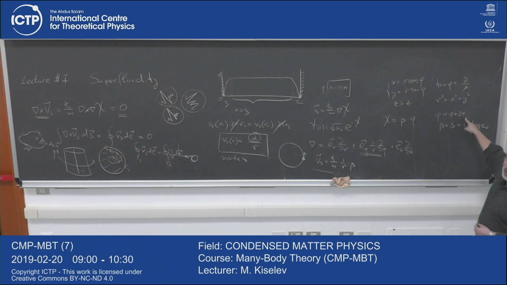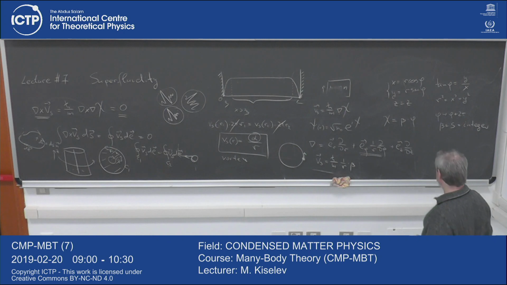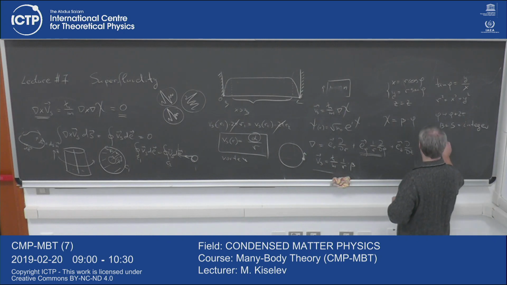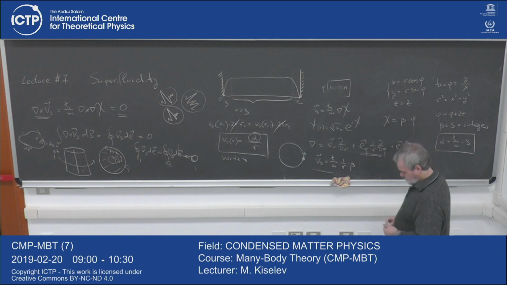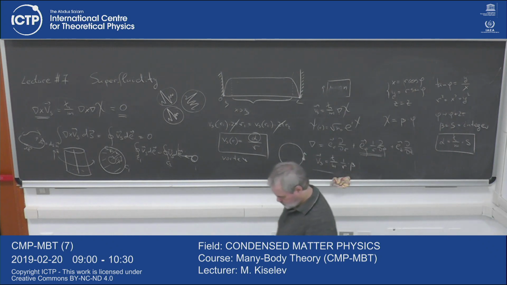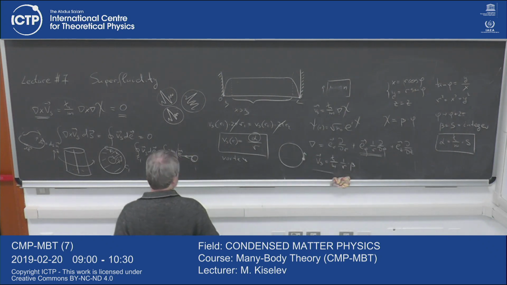I can add any 2 pi multiplied by an integer number, and nothing happens with the wave function. Therefore, I'm saying that alpha is equal to h over m times an integer number.